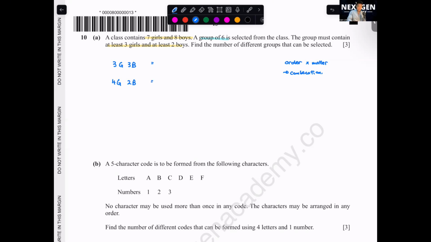Okay, let's calculate. This will be 7C3 times 8C3, plus 7C4 times 8C2. We'll get 1960 plus 980. So total, 1960 plus 980, we'll get 2940.